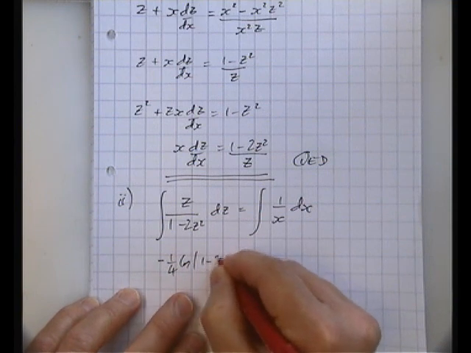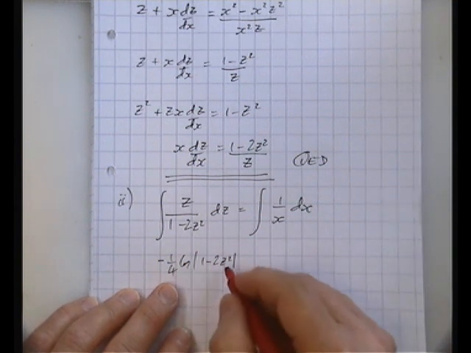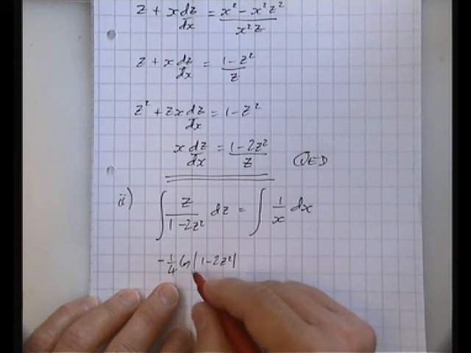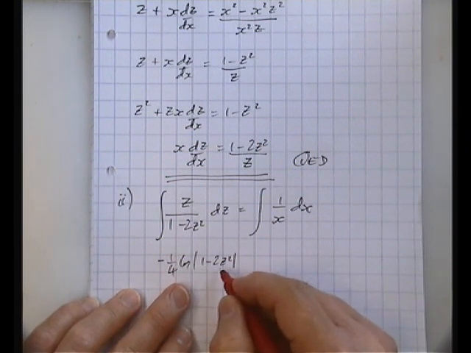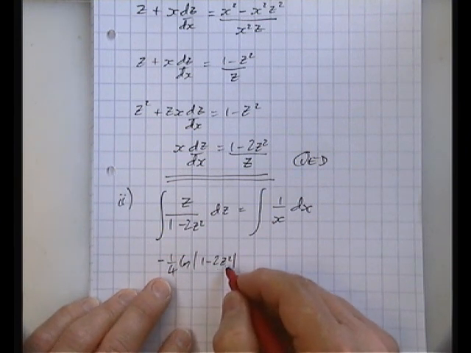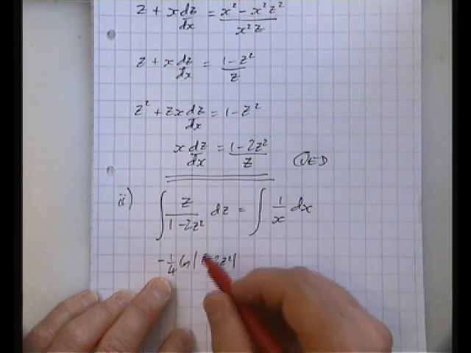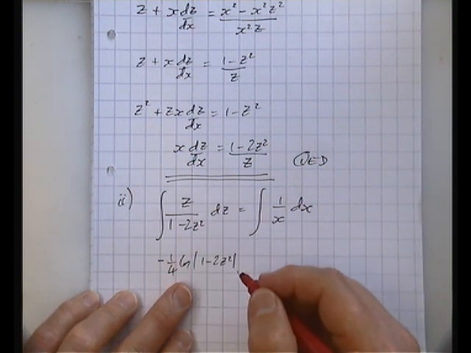And if you're uncertain about where that came from, think about differentiating this now. This natural log differentiates the inner function here. You're going to get 4z, minus 4z rather. Multiply that by minus a quarter, and you just end up with the z that we need. Differentiate the outer function, natural log, you get 1 over 1 minus 2z squared. That's going to equal, much more simply over here, ln x.